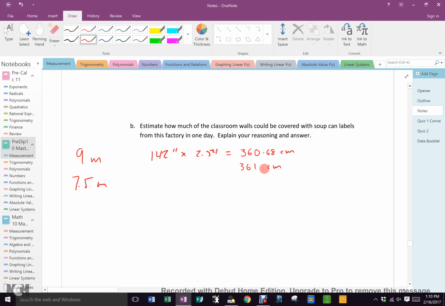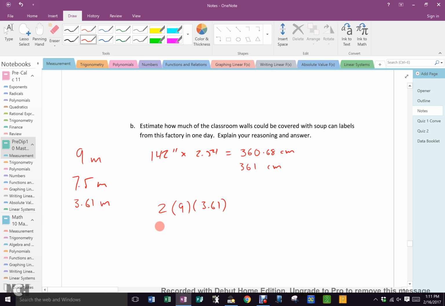How do I convert centimeters to meters? Then I divide by 100, yes? So how tall is the room? 3.61 meters. Now do I have all the numbers I need to find the walls? 2 of the walls are what measurement? 9 by 3.61.